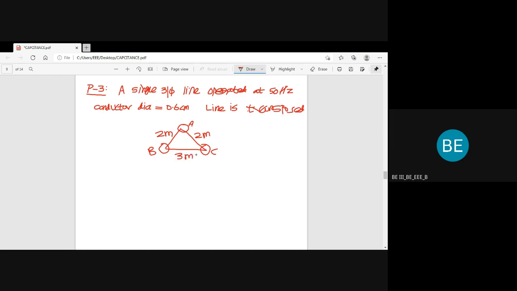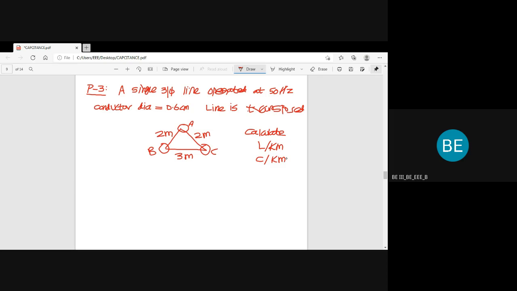Now we have to find inductance per kilometer and capacitance per kilometer.